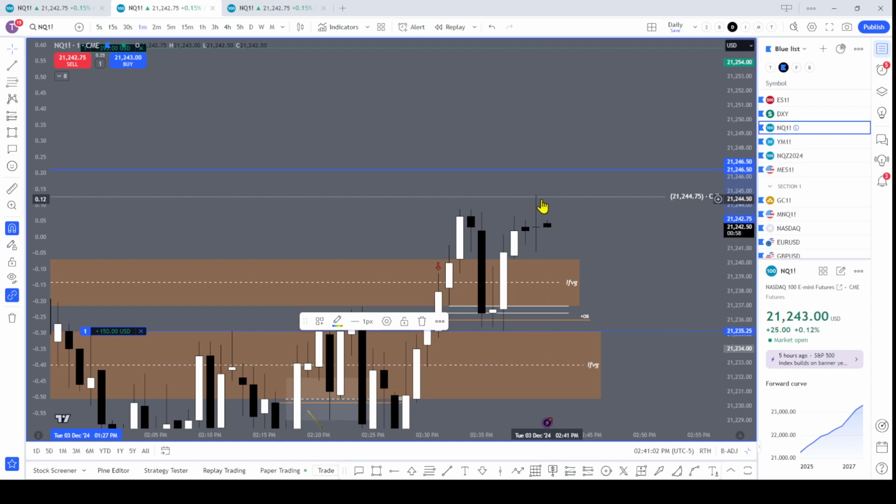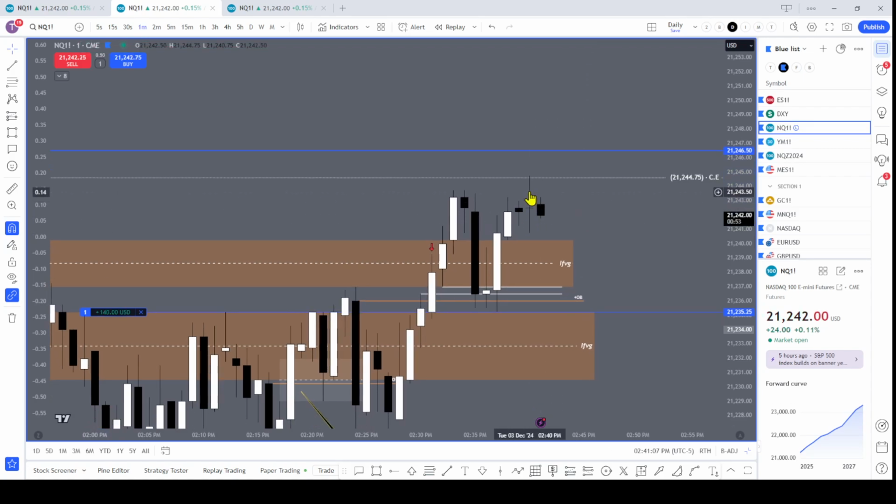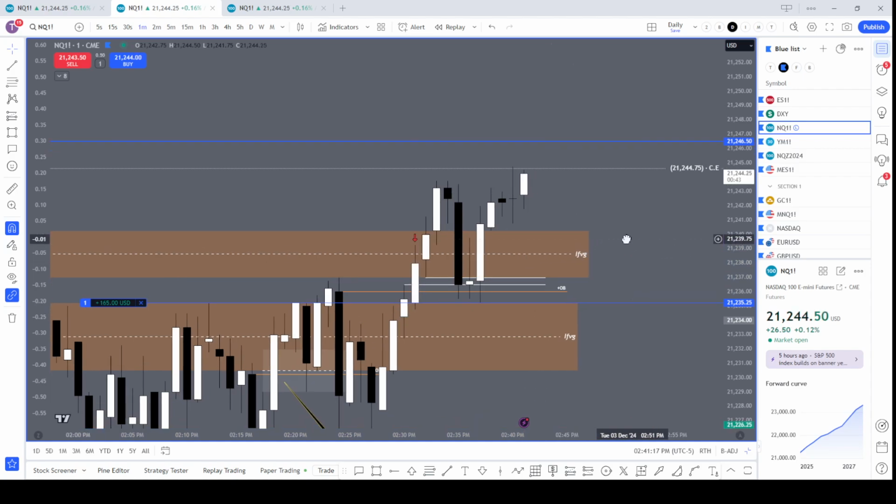We are reacting off of it right now. Come down and find support. I will want to see it find support in this upper half, upper portion.